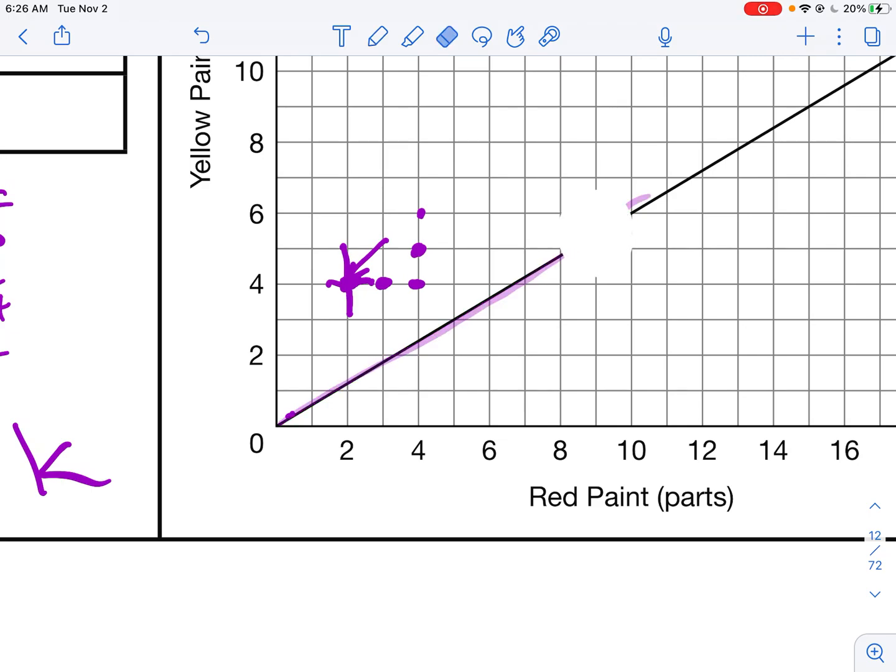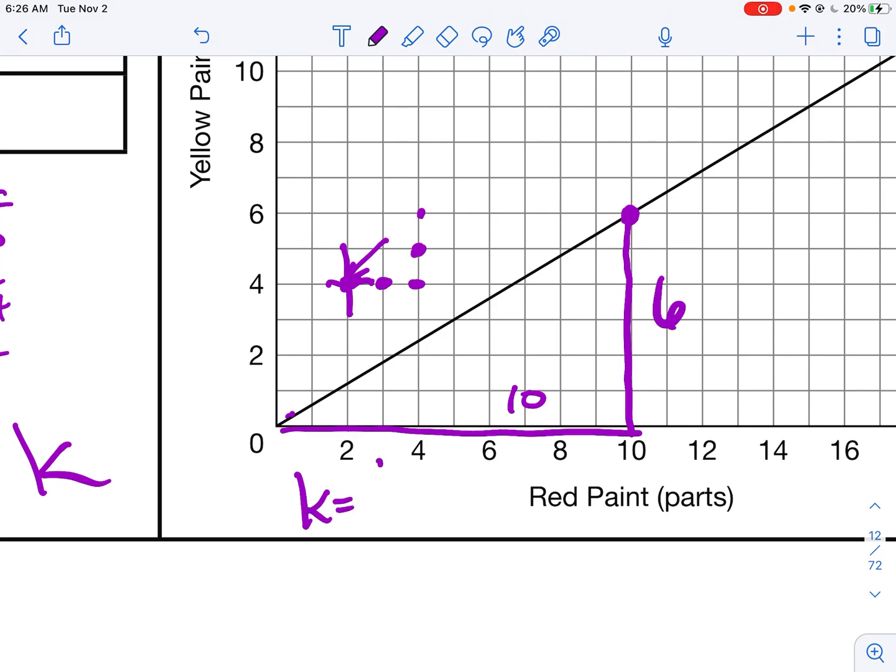I know for sure it goes through a lattice point here. So how tall is that? That was 6. How far over did I go? I went over 10. So my constant of proportionality is 6 over 10, which simplifies to 3 over 5.